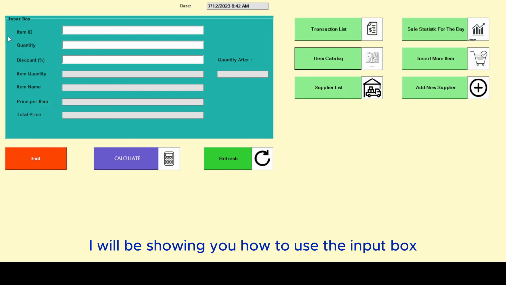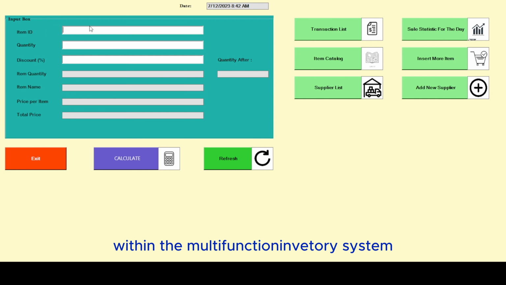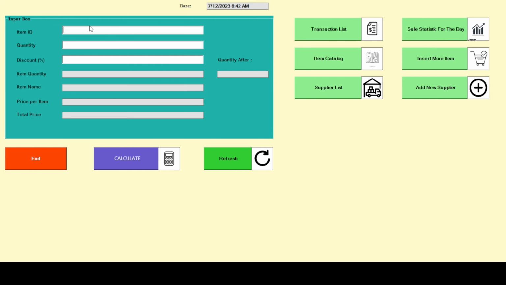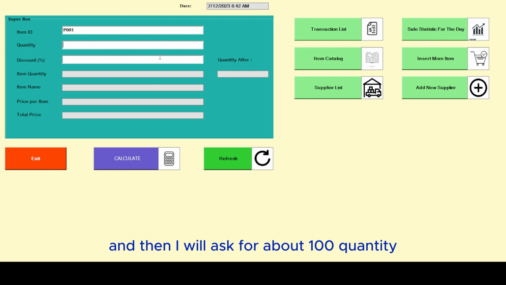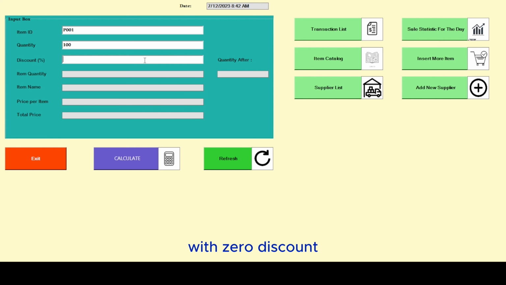I will be showing you how to use the input box within the multifunction inventory system by entering the item ID that we have seen in the item catalog. For this one, I will put P001 and then I will ask for about 100 quantity with 0 discount.